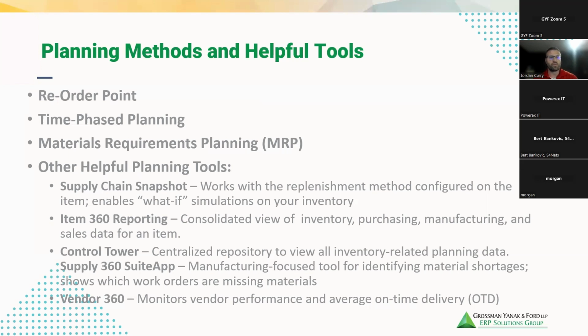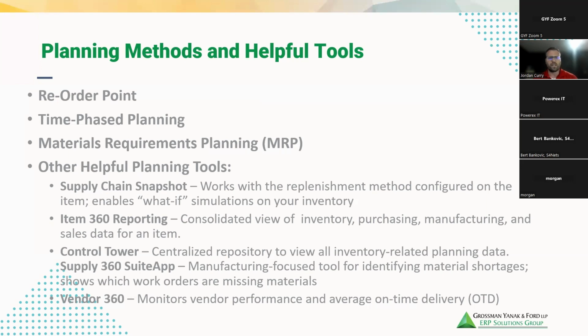Additionally, you have the Item 360 report, which is a very nice consolidated view of inventory, purchasing, manufacturing, and sales data, consolidating all that information in one place. The control tower, that's a nice overall view.